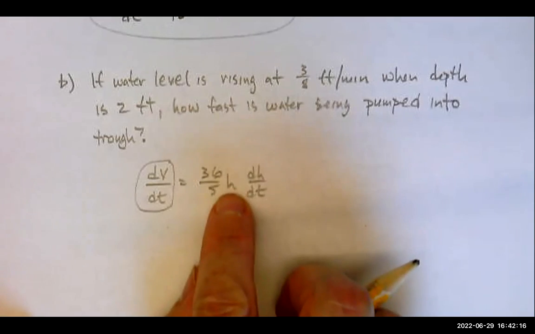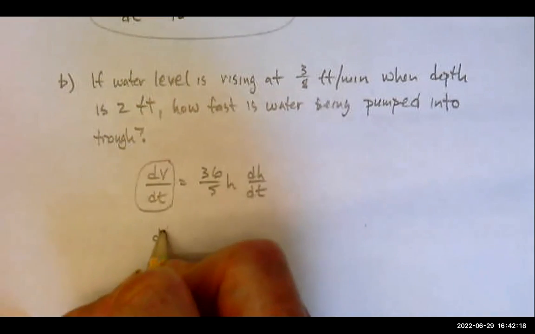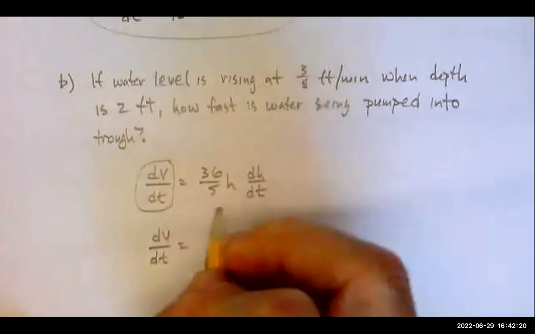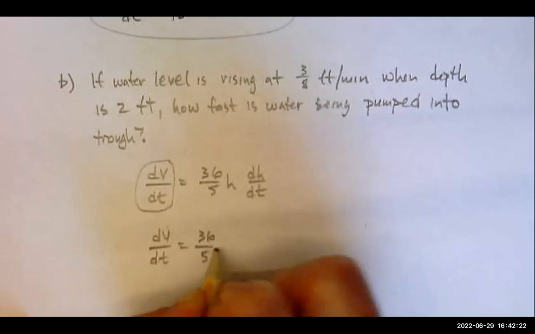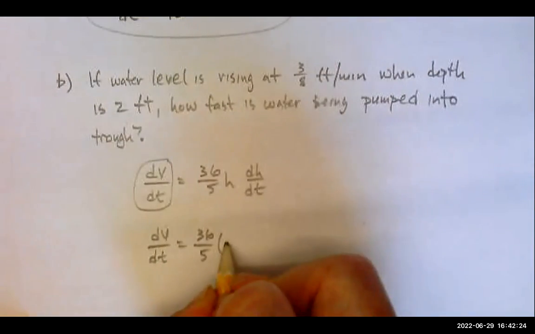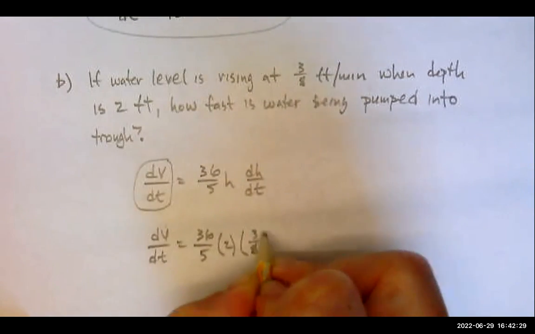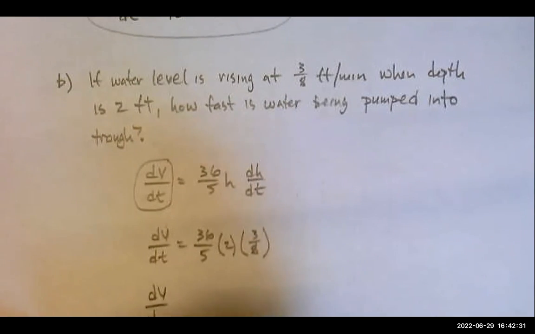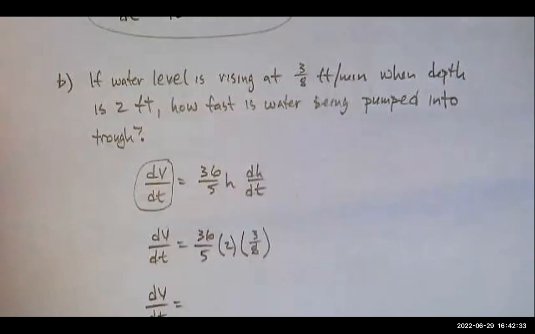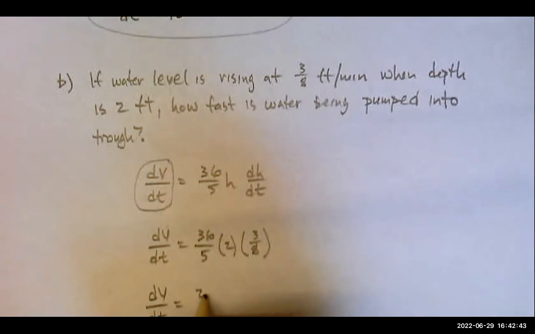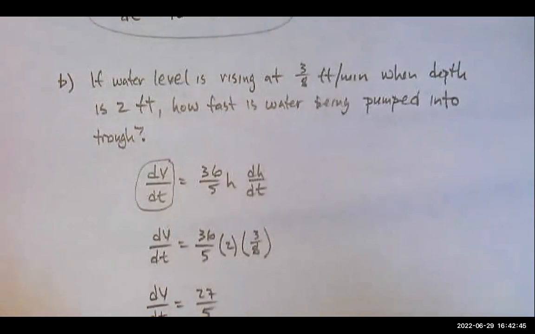Okay, cool. We can plug in h, we can plug in dh over dt. When the depth is 2, rate of change of height is 3/8, and we can do it. How fast is water being pumped in? 36 over 5 times 2 times 3/8. I'm going to go with the fraction 27 over 5.